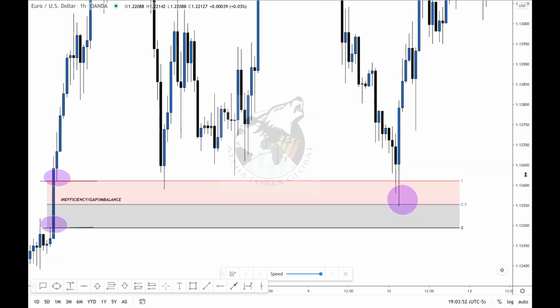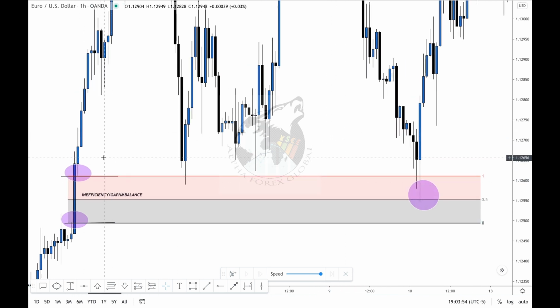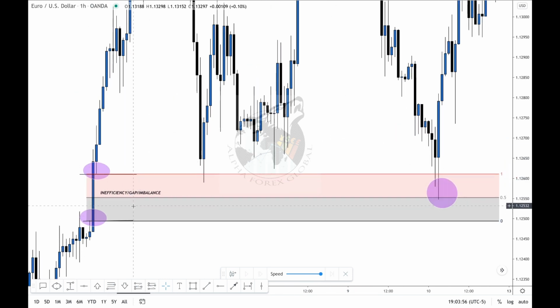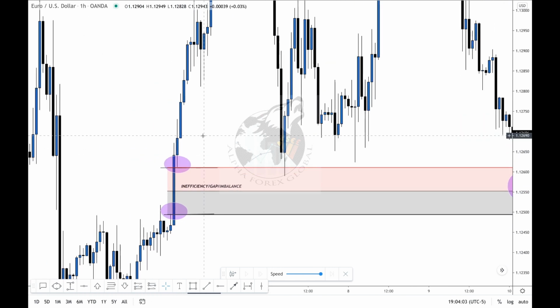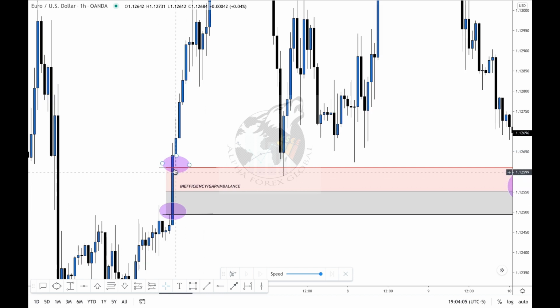As I said before, these gaps need to be filled when you see them in the market. For this inefficiency to be valid, you must have an aggressive candle that breaks structure. That is my rule.